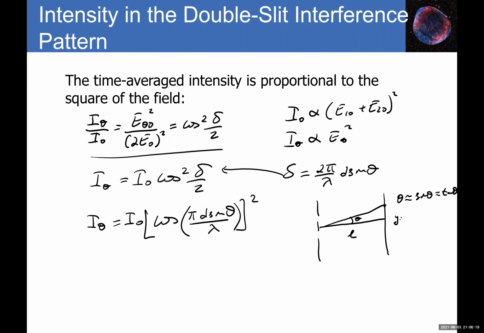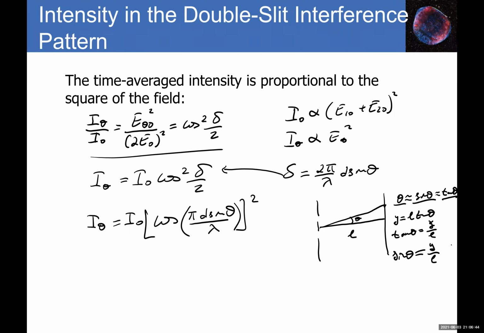And y was equal to L tangent of theta. That means tangent of theta was equal to y over L. For a small angle, tangent of theta is approximately sine of theta, so sine of theta is also equal to y over L.